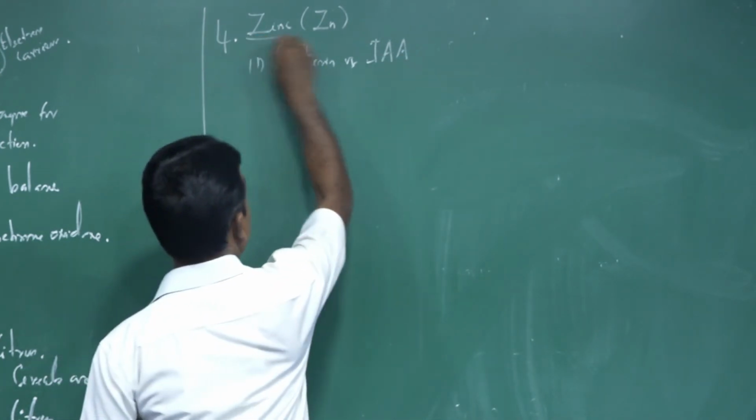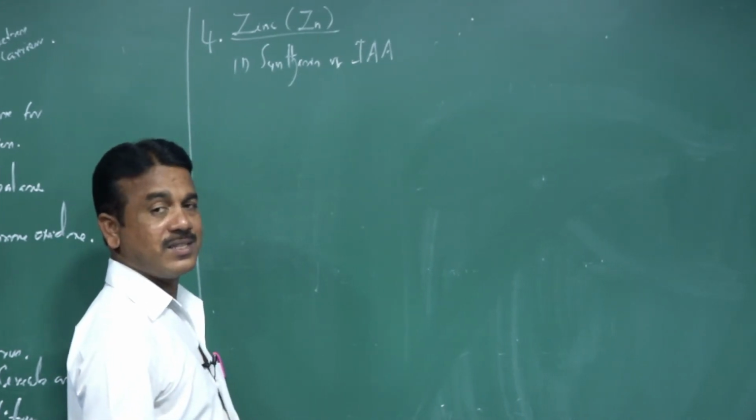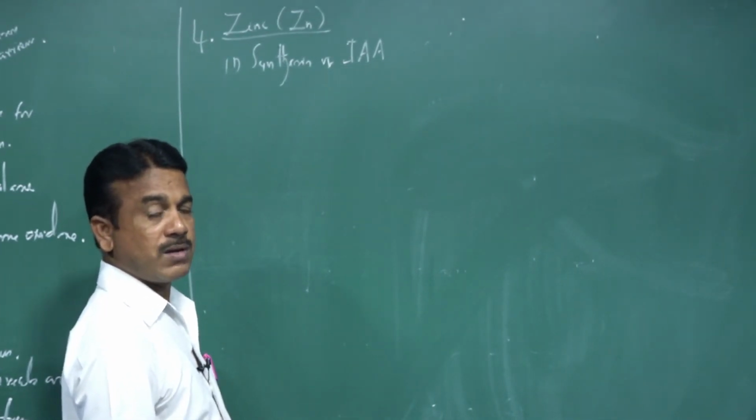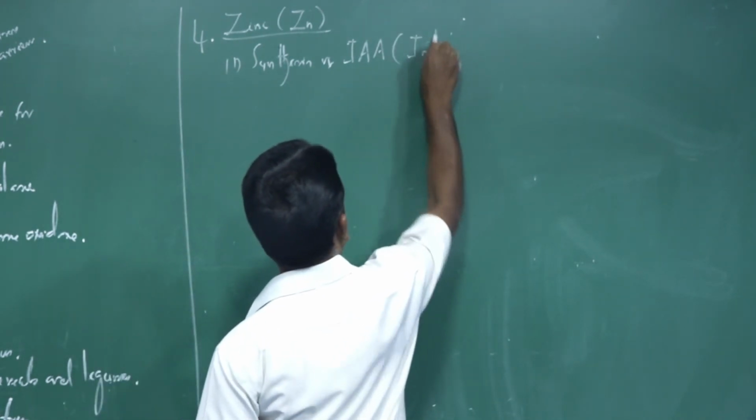So what is IAA commonly called? Commonly called indole acetic acid.